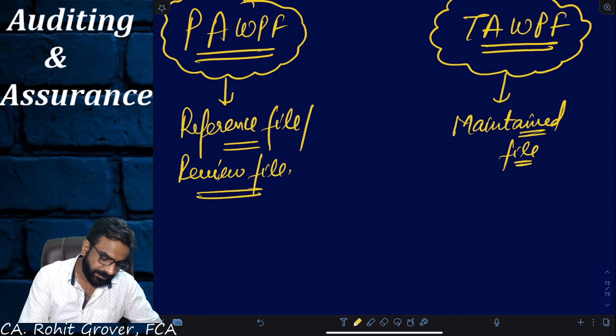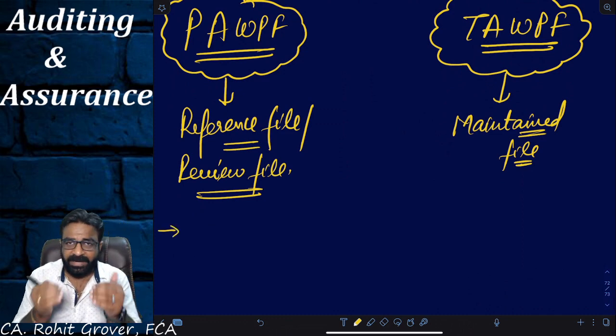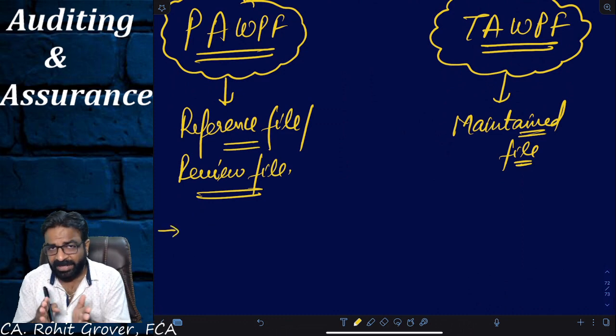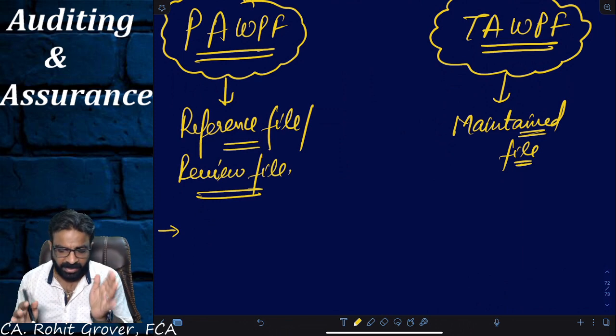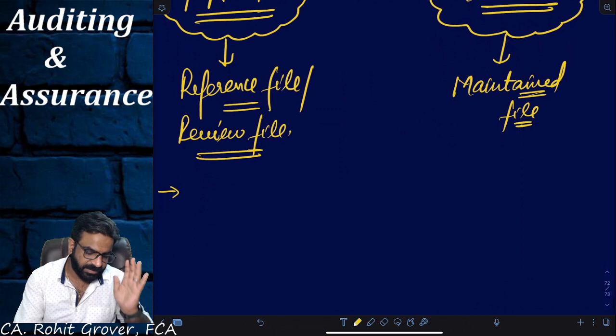Now point number one. Everyone, let me write it first, and while writing, if you are able to read it and understand it, that is very good, but still I will make you understand even after the writing also.